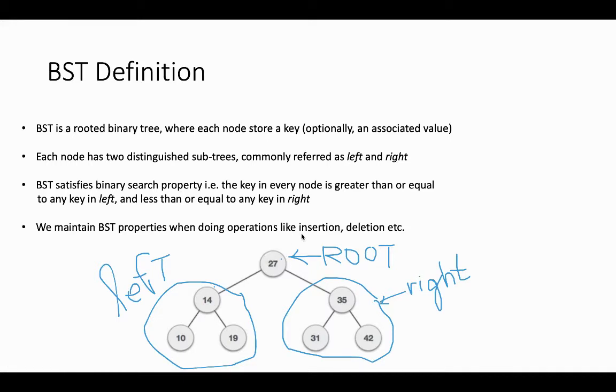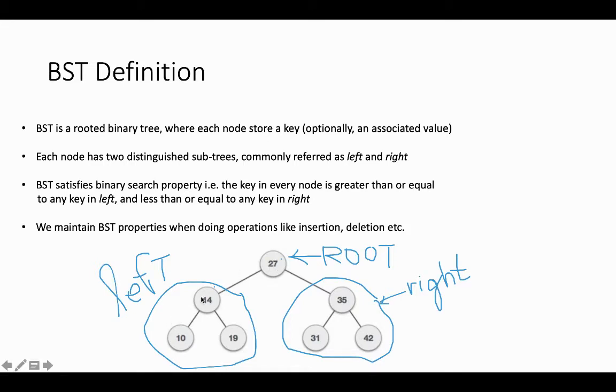We can see 27 is greater than all the keys present in the left subtree, and 27 is smaller than all the keys present in the right subtree. So this node follows the BST property, but to call a tree a BST, we need to verify that each and every node follows this property.